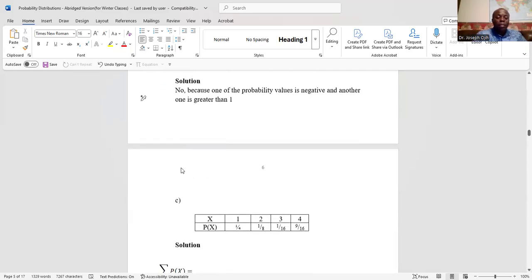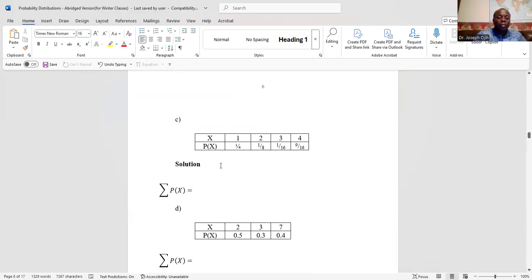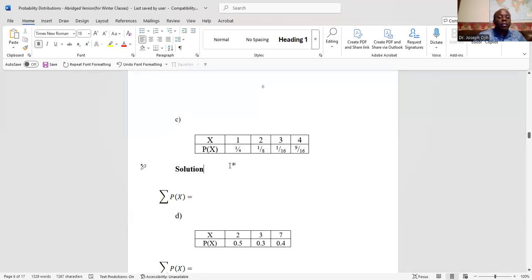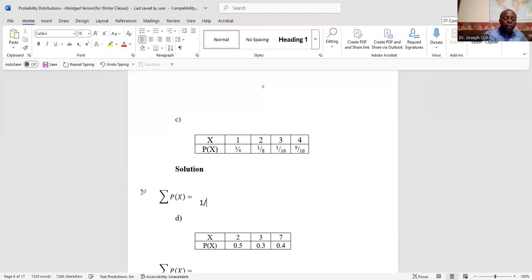Okay, so can you look at this one? Let's try this one, and make it big. Okay, make it 18. It has x and P(x). So in that way, let's add 1/4 plus 1/8 plus 1/16 plus 9/16.